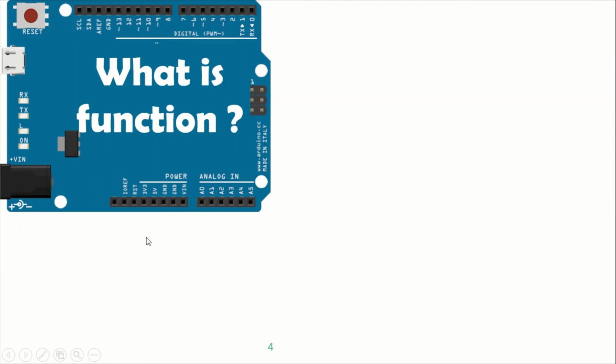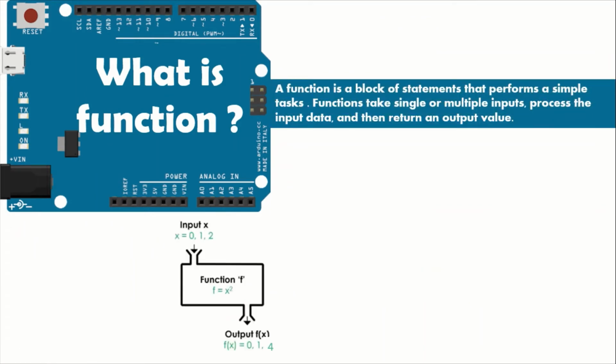So what is a function? A function is a block of statements that perform a simple task. As you can see here, a function takes single or multiple inputs, processes the inputs, and then returns an output value.